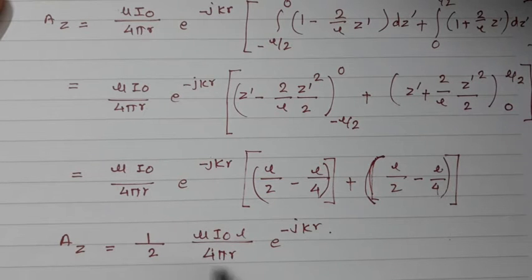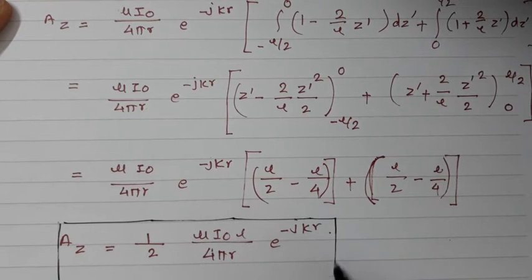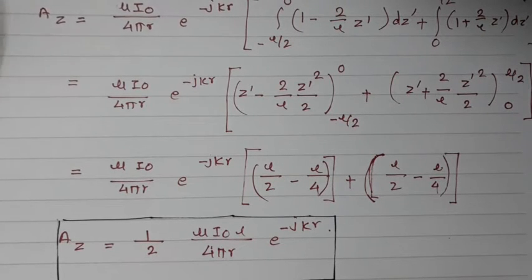If you remember, this is the same as Az for the infinitesimal dipole. Then we can say Az for the small dipole is half of Az of the infinitesimal dipole. So for the small dipole, the only difference is that whatever vector magnetic potential is there for the infinitesimal dipole, for the small dipole it will be half.